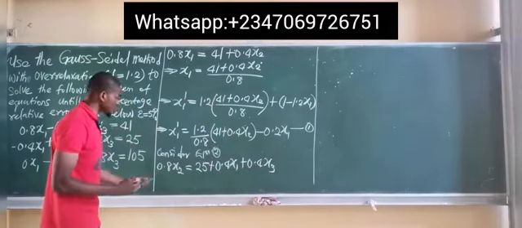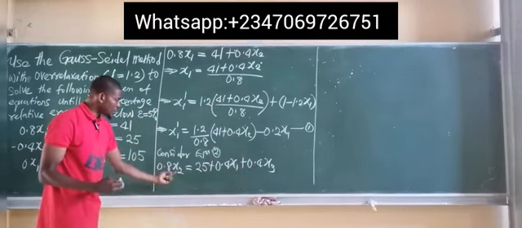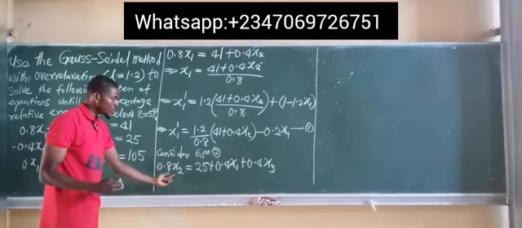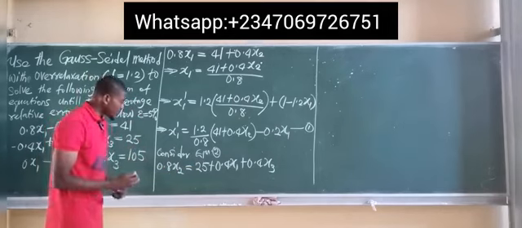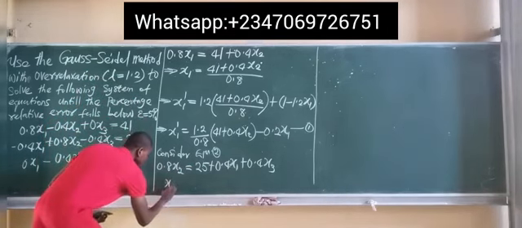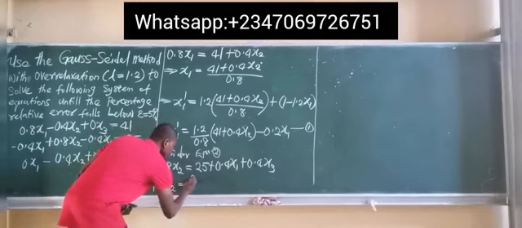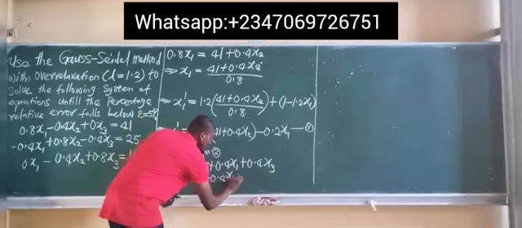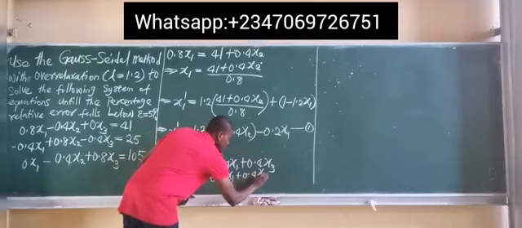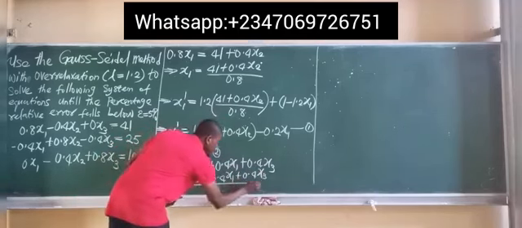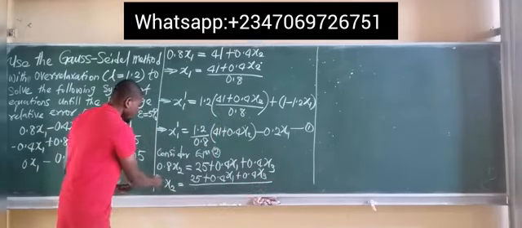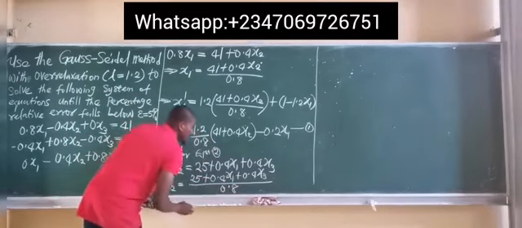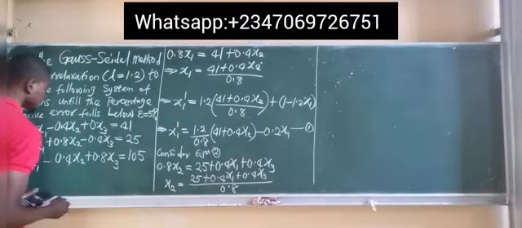But what we need to do is to make x2 the subject of the formula, which means we have to divide all through by what? 0.8, which is attached to x2, so that x2 will be left alone. If we do that, we are going to have that x2 is now equal to 25 plus 0.4 x1 plus 0.4 x3 all over the coefficient of x2, which is 0.8. So you simply have this.